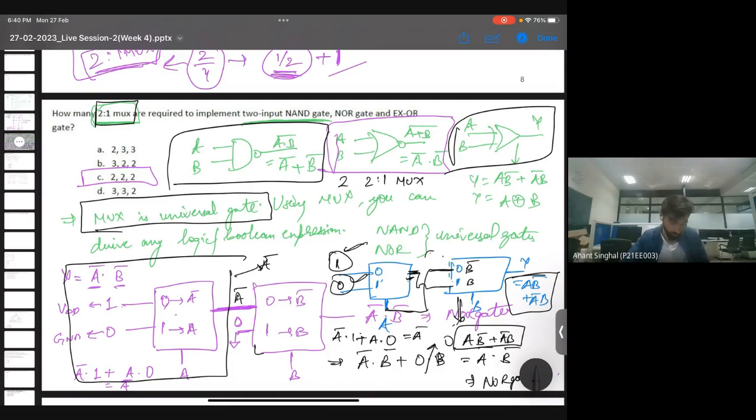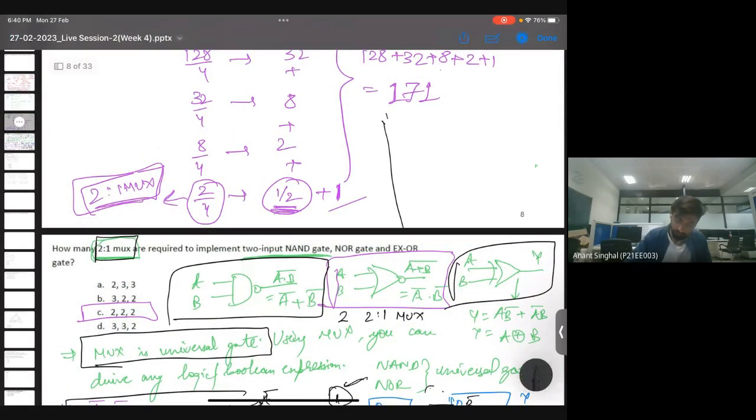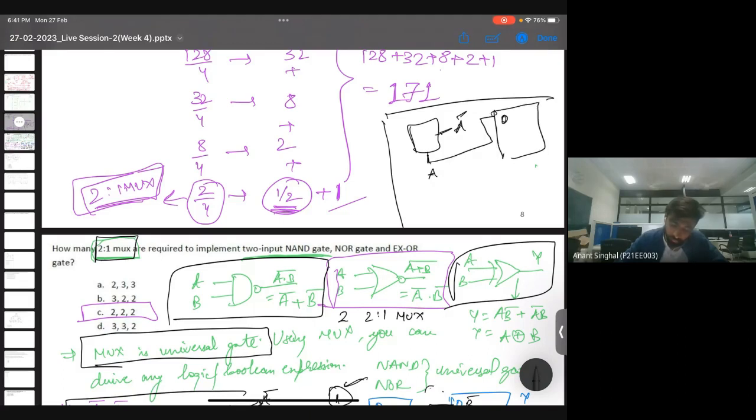Let me write it somewhere else, maybe I can write it here. So what I've done is I have taken the output as A bar from this mux, and this select line I have connected to the secondary mux with a 0, that is B bar, and this A bar I have connected with 1, which is B. So the ultimate output which is coming is A B bar plus A bar B. It is nothing but XOR gate.